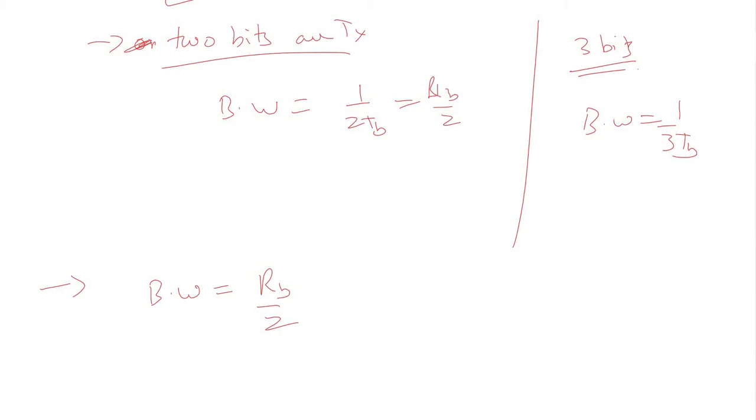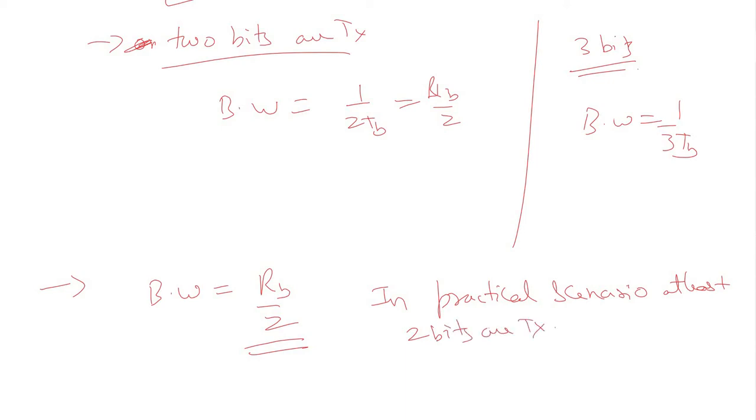Okay, so we can say the minimum bandwidth required is R_B by 2, and this is the standard bandwidth, because in practical cases at least 2 bits are transmitted in a bunch.